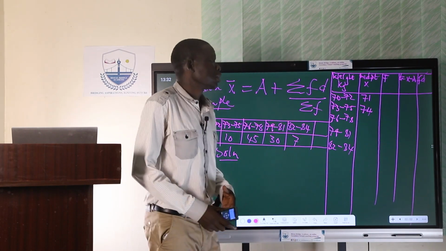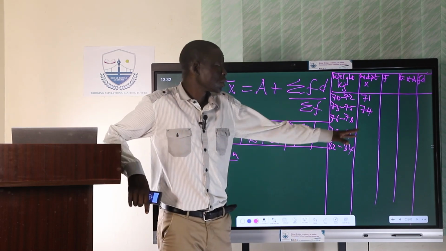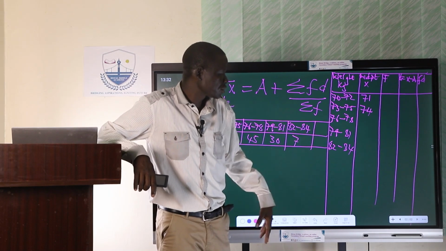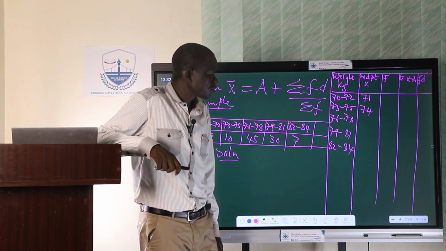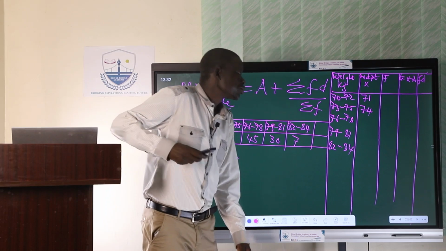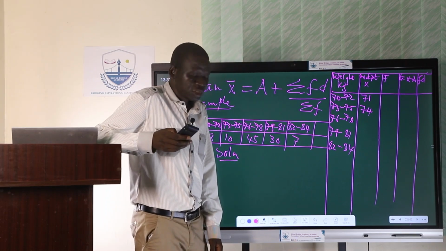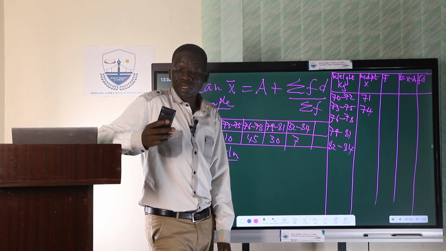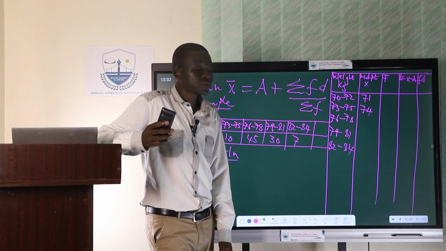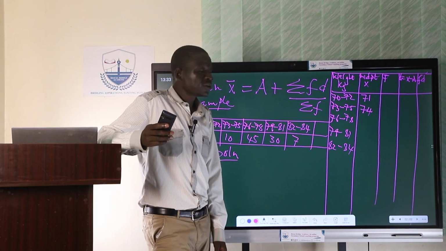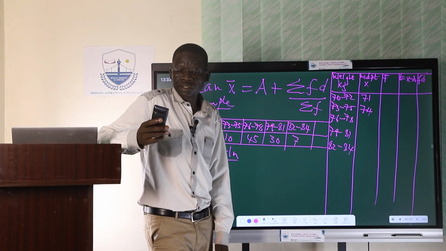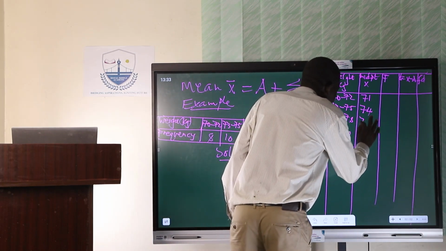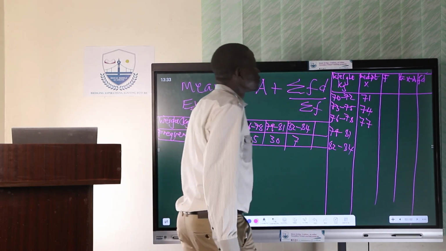To get the next one, we add 76 to 78. 76 plus 78 is 154, divided by 2, we get 77.